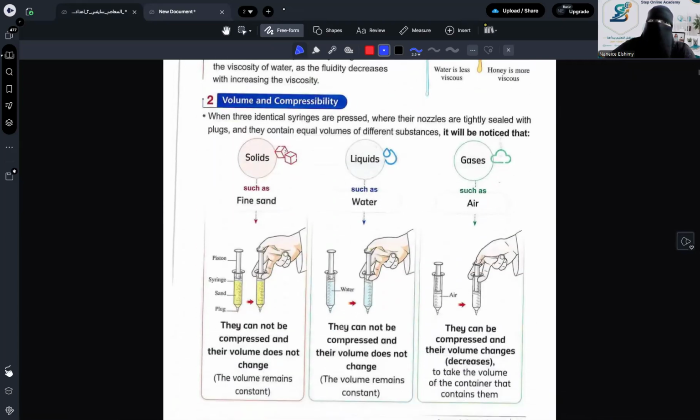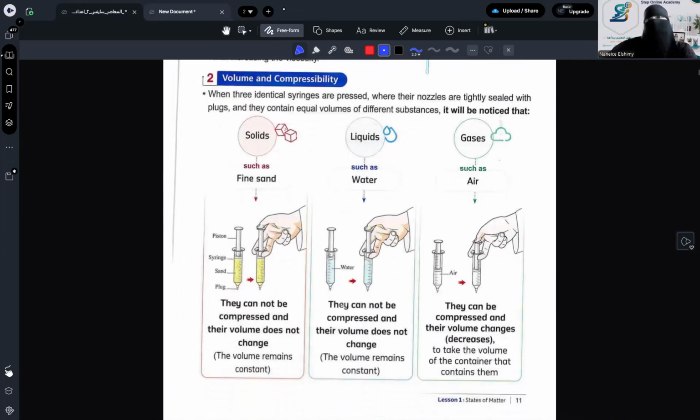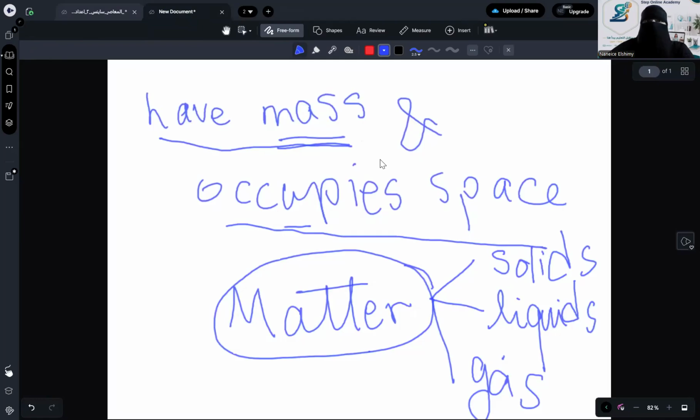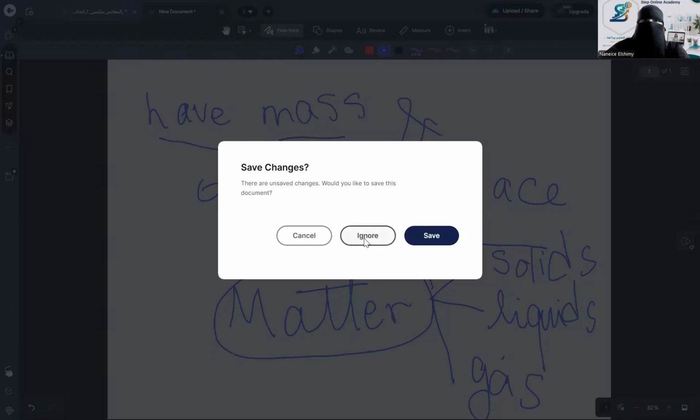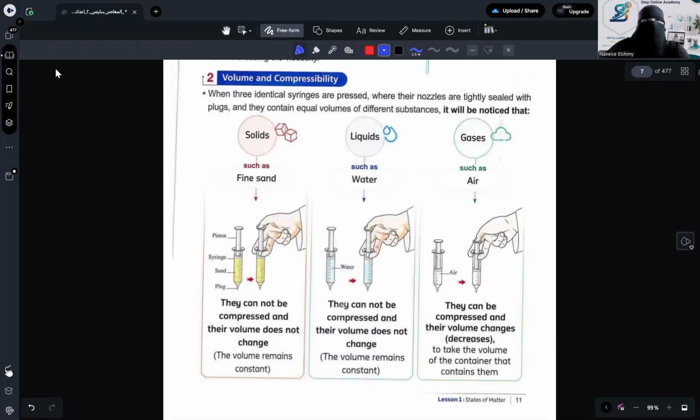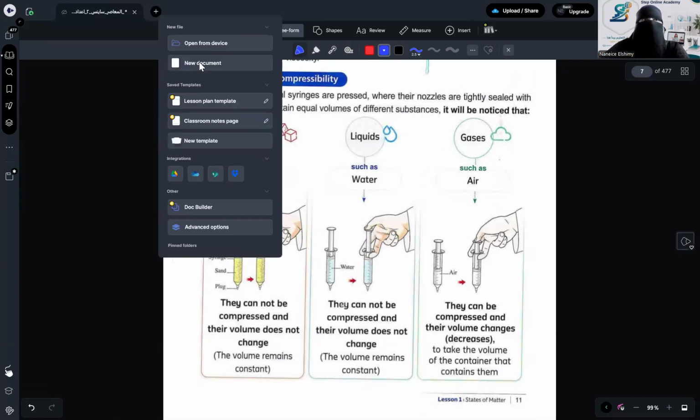Okay. Let's take another property, which is volume and compressibility. Okay? I want first to open another document to make a comparison between these three states.